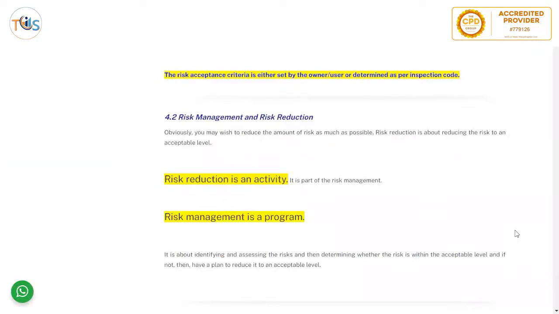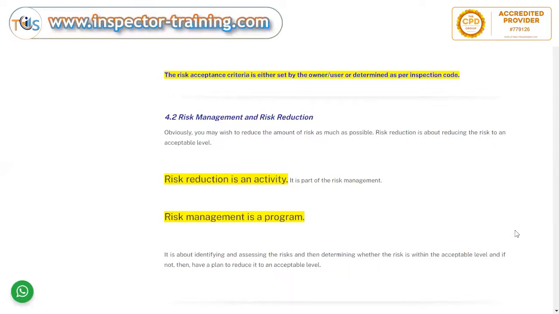Risk management and risk reduction. Obviously, you may wish to reduce the amount of risk as much as possible. Risk reduction is about reducing the risk to an acceptable level. Risk reduction is an activity and is part of risk management, while risk management is a program.